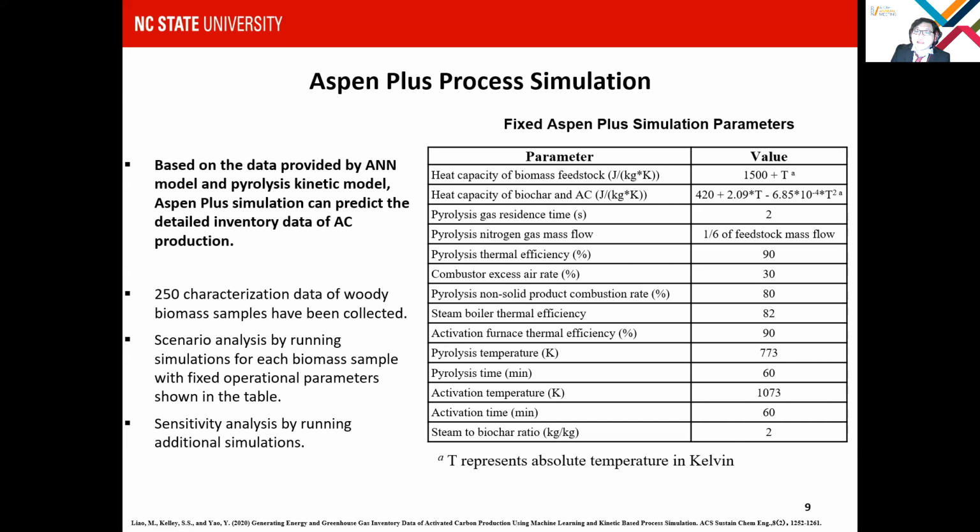It is expected that we can get the variability of energy consumption and greenhouse gas emission of the production process, and how the biomass composition affects them. And also, in order to compare the importance between feedstock characteristics and the operation conditions, we also take the sensitivity analysis. And now let's see the result from this work.